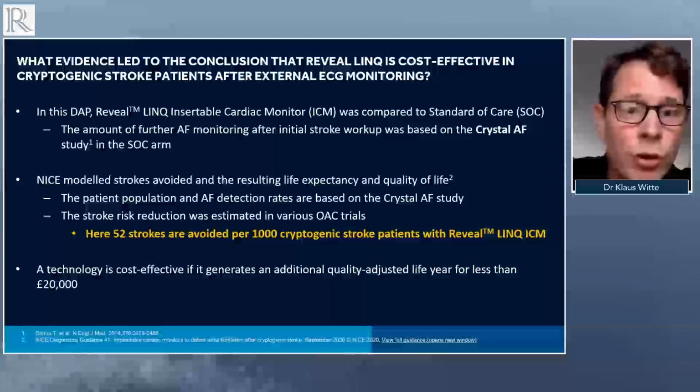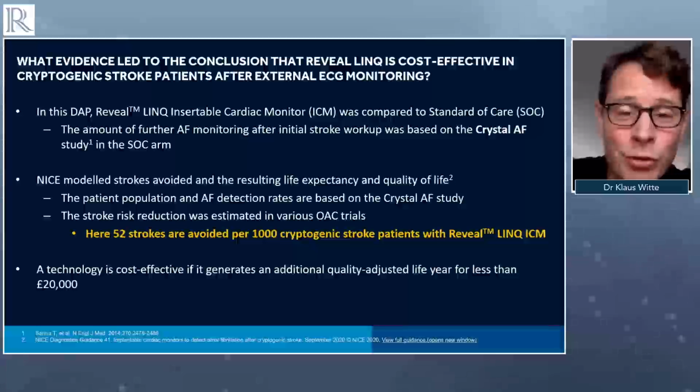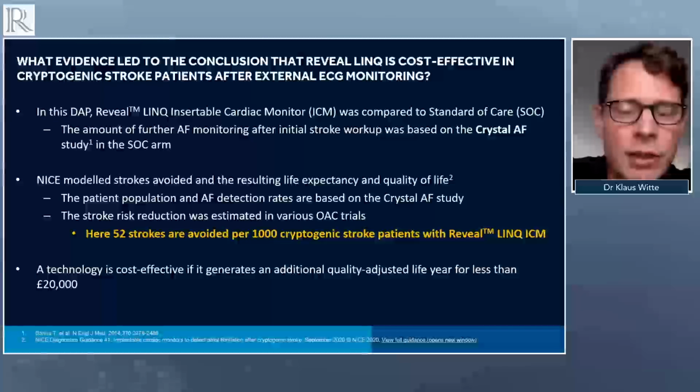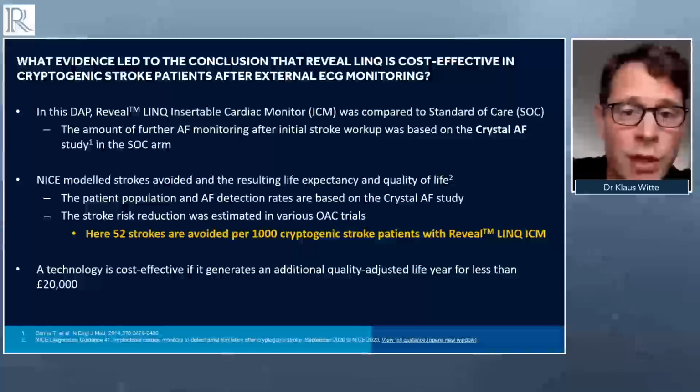The model also, of course, has to include a large proportion of patients who, despite having atrial fibrillation, will not have a stroke or don't have a stroke. So the model has to include all of these variables, and these data were taken from published data sets over the last 10 years, assisted greatly, of course, by some of the anticoagulation papers that have come out with the release of the DOACs over the last 10 years.